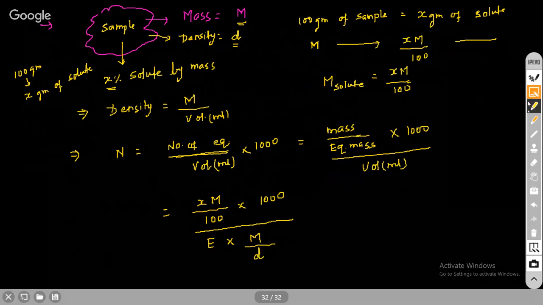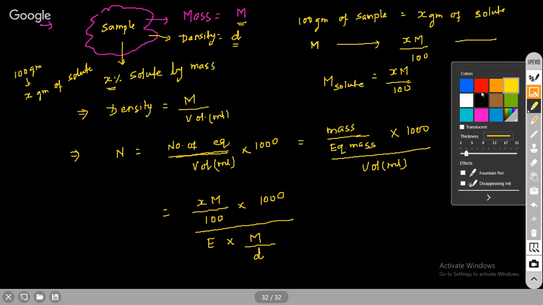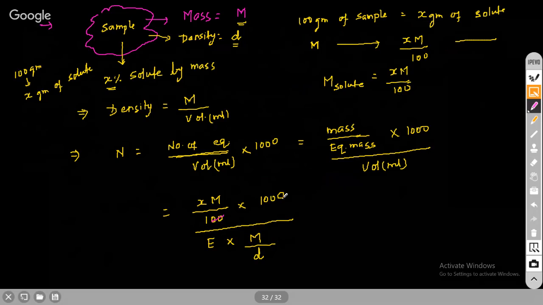Now when you solve this expression, this 100 gets cancelled, mass gets cancelled, and the expression becomes x into d into 10 divided by E.